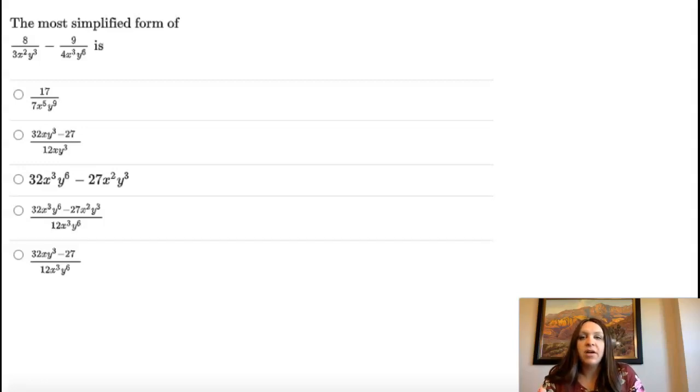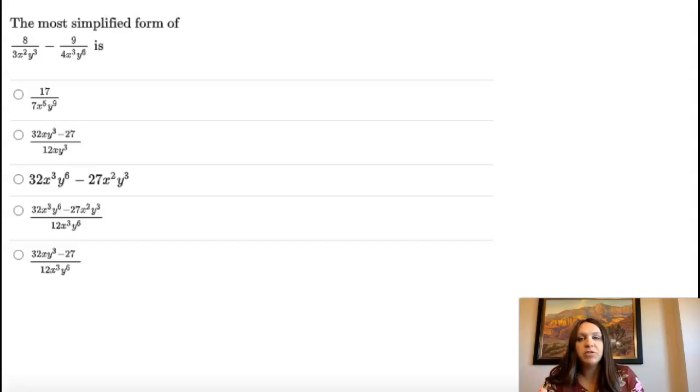So I have 3x squared y to the third, and 4x to the third y to the sixth. So we're going to start with the numbers. If I have 3 and 4, the common denominator would be 12.